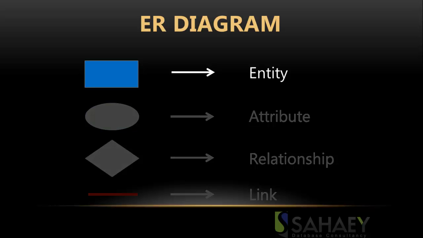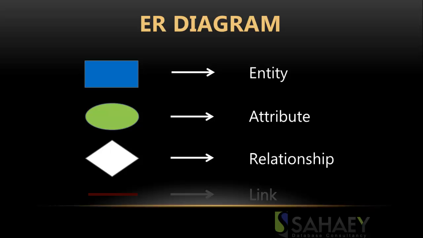Rectangles represent entities. Ellipses represent attributes of the entities. Diamonds represent relationship between the entities, and lines link the attributes to entities and entities to relationships.